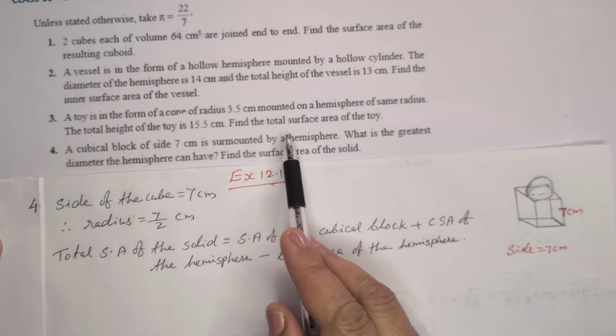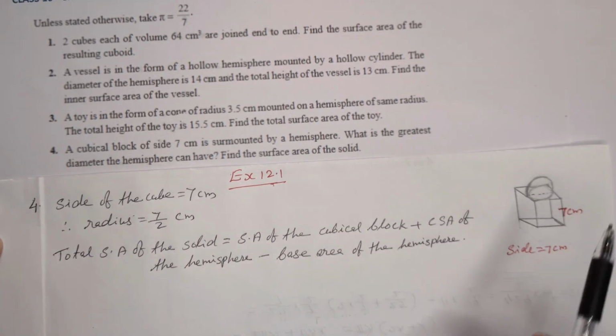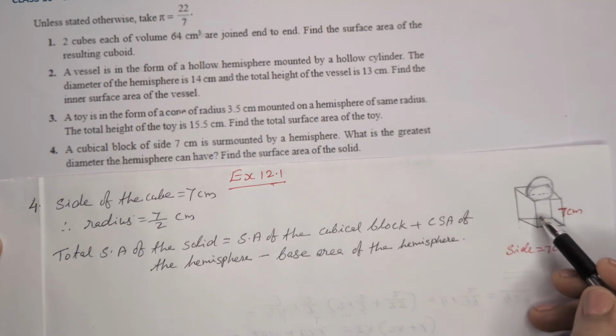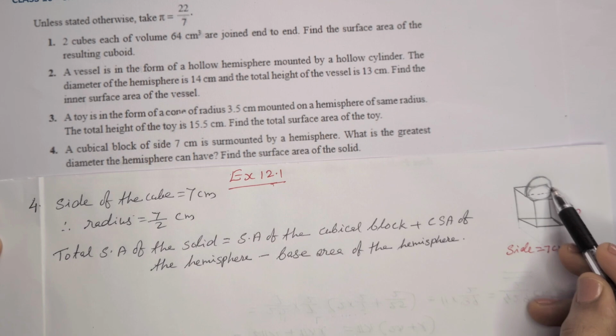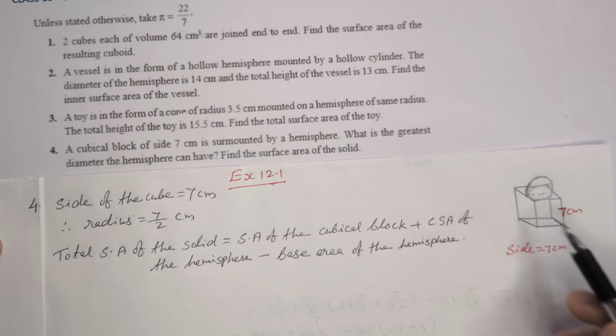Then find the total surface area of the solid. So total surface area of the solid is equal to surface area of the cubical block plus curved surface area of the hemisphere, minus base area of the hemisphere.